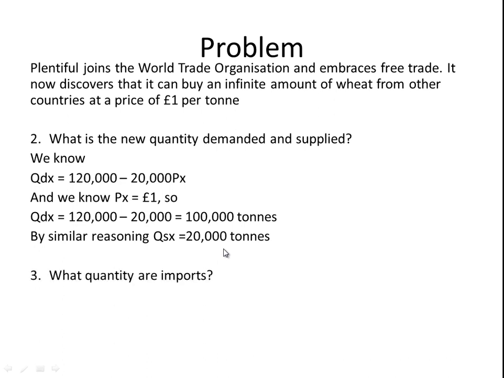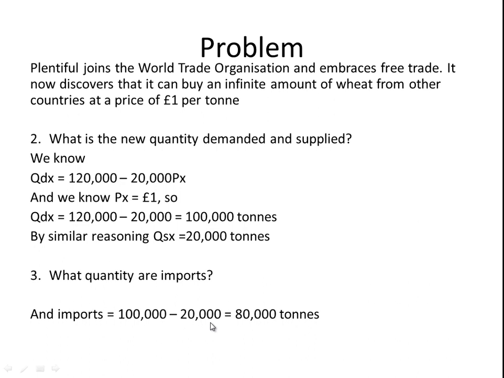That means, well, I hope you can see that we can see what the imports are, so the imports are going to be 100,000 minus 20,000 equals 80,000 tonnes. So Plentiful at £1 a tonne will buy 100,000 tonnes of wheat at that price.